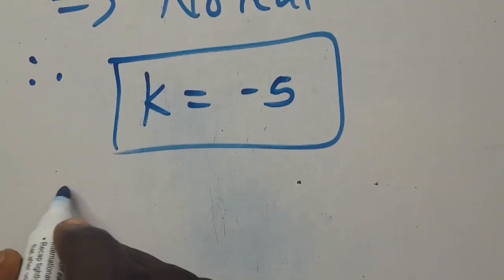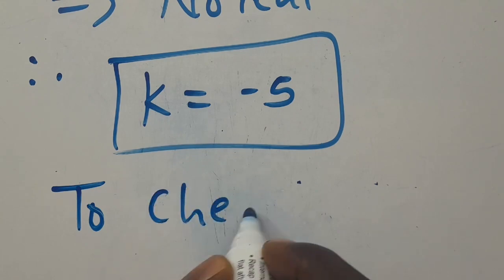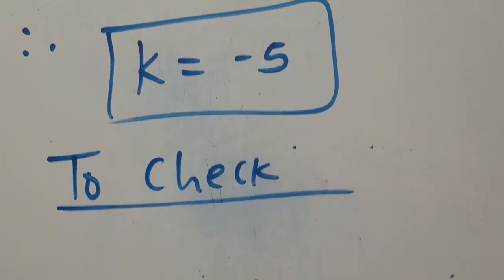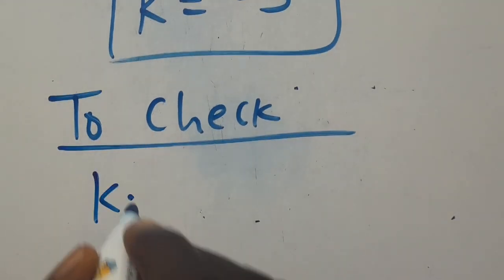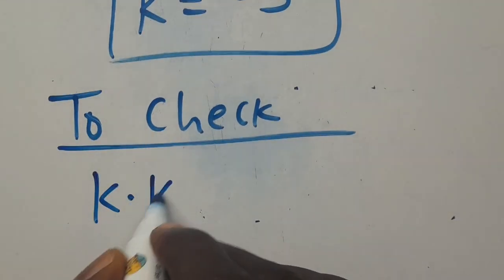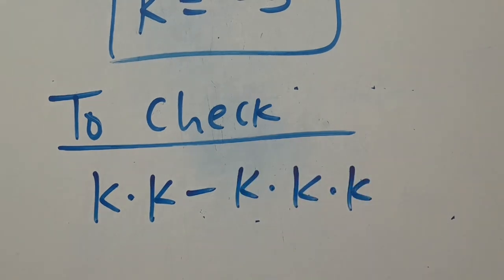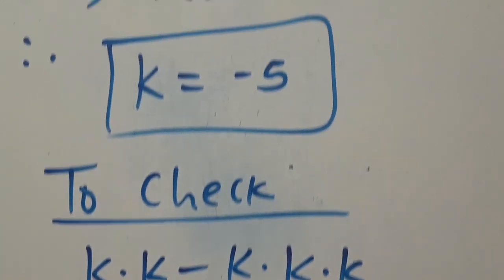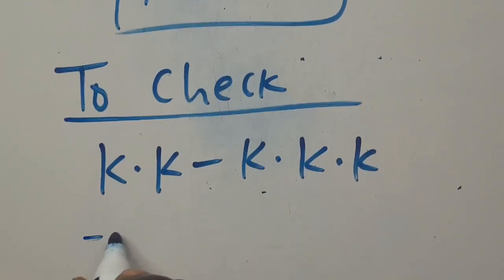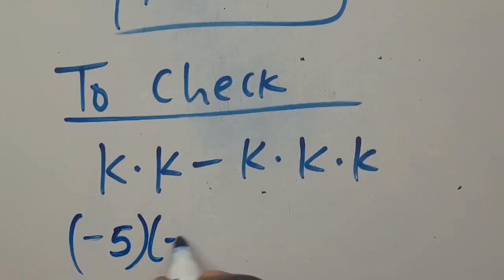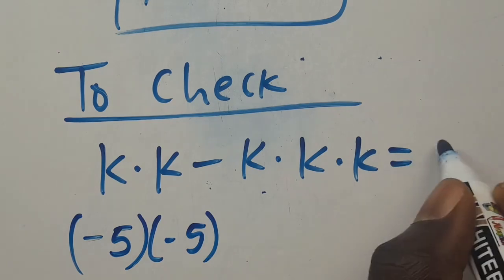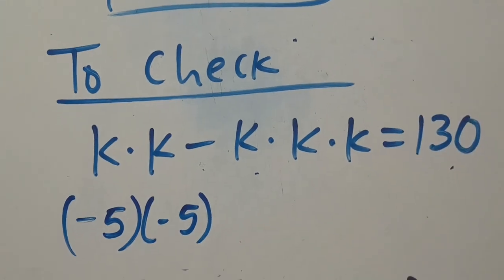Then if you want to check, we have k multiplied by k minus k multiplied by k multiplied by k. Then when k equals minus 5, let's see what will happen. Here will be minus 5 multiplied by minus 5. Then we know that this equals 150.